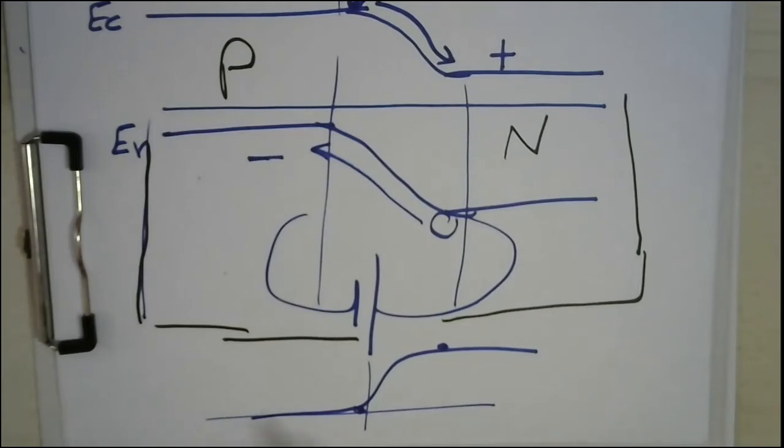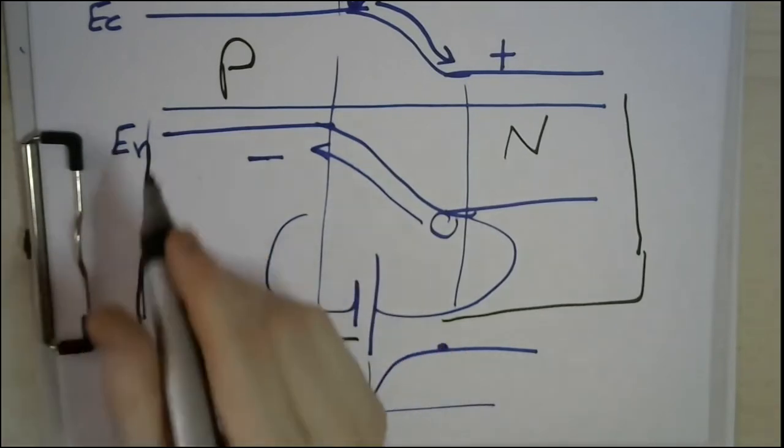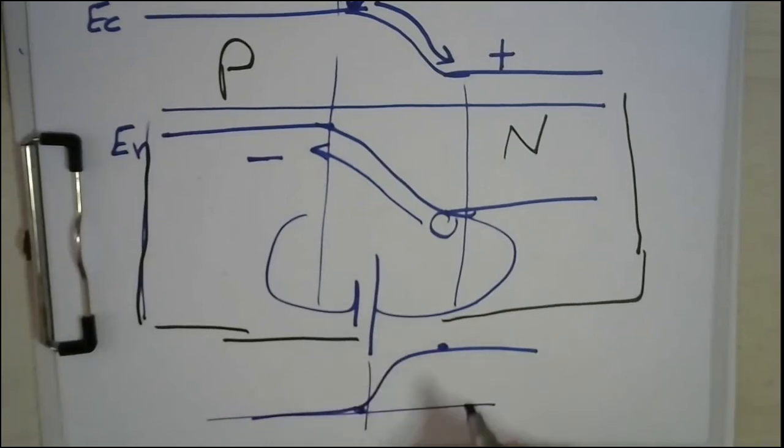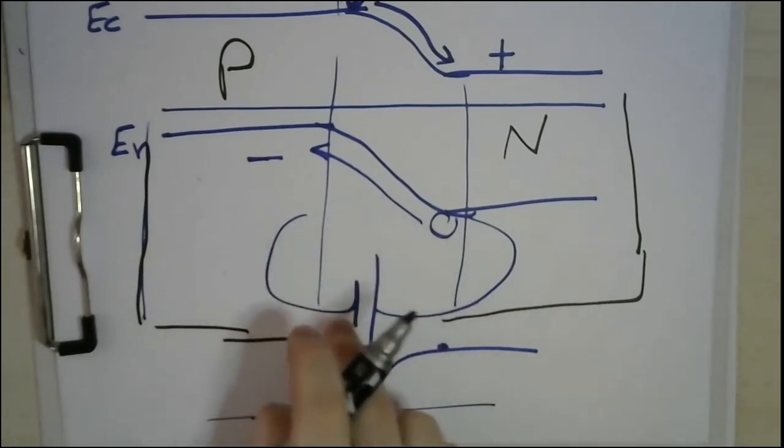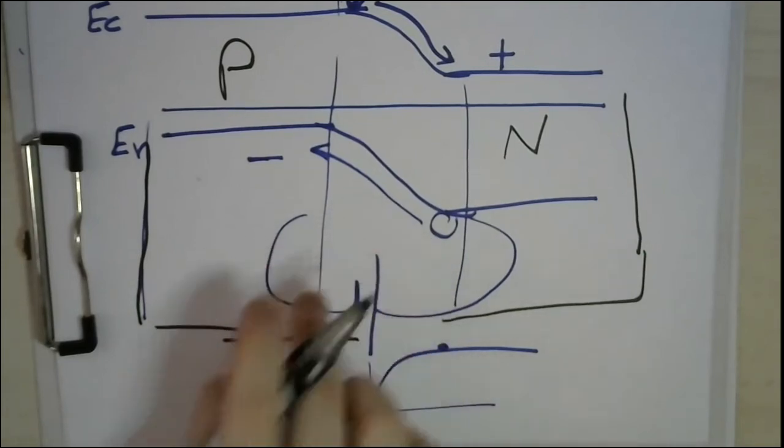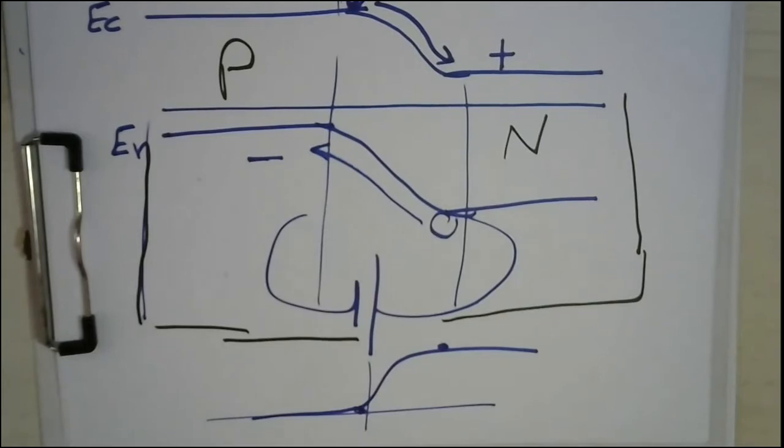Either connect the p-type region with the negative terminal of the battery and the n-type region with the positive terminal of the battery, which is typically the same polarity as the built-in potential. We will call this the reverse bias of a PN junction, and we will see why we call it the reverse bias.